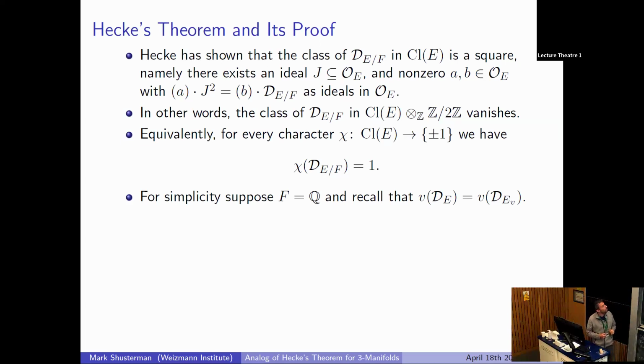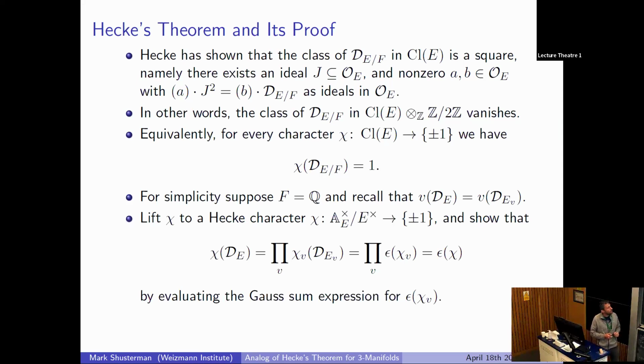All right, so now we will go into the proof of Hecke's theorem. It's not Hecke's proof, it's a more modern proof, but somehow what Hecke did is still there secretly. The modern way to think about this character of the class group is to lift it to a Grössencharacter or Hecke character, namely a character of the ideles.